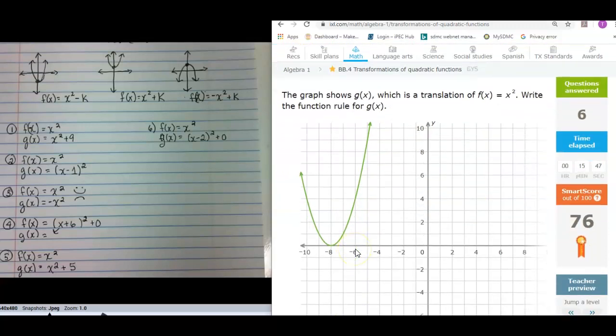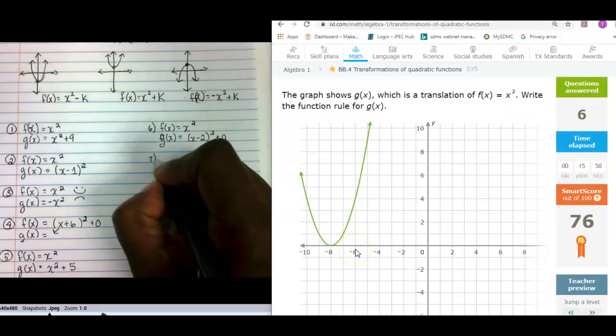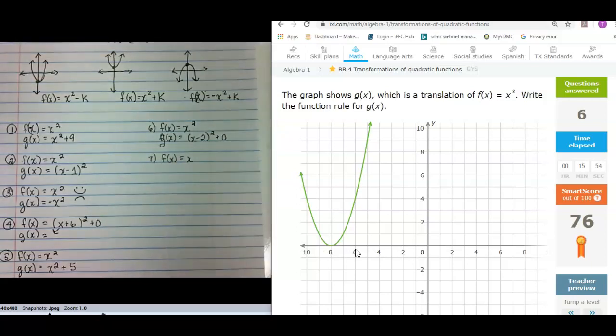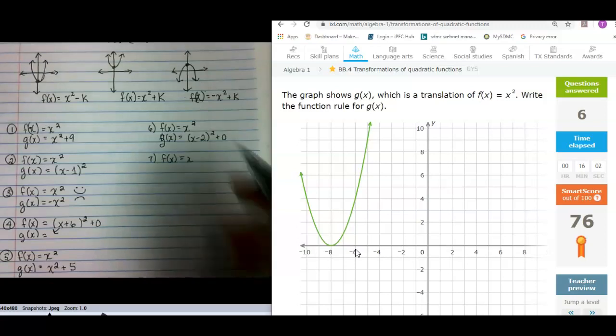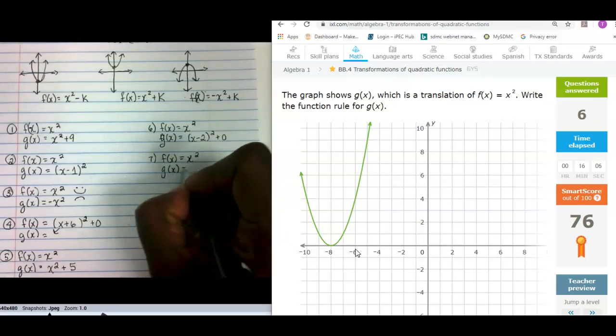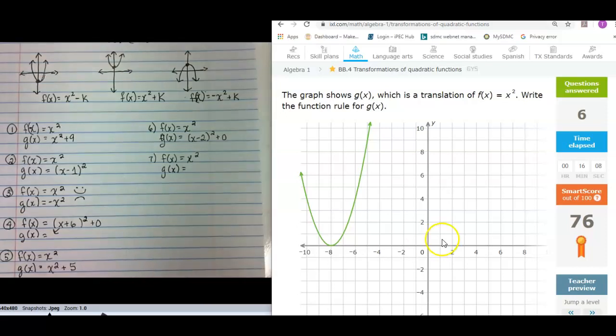All right, let's look at this one. So number 7, we've got our original function, which is f of x, which equals x squared. So we've got x squared, and then we've got g of x is equal to. Now look at what the function did.